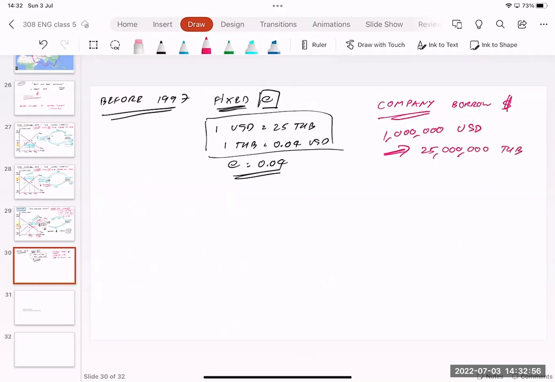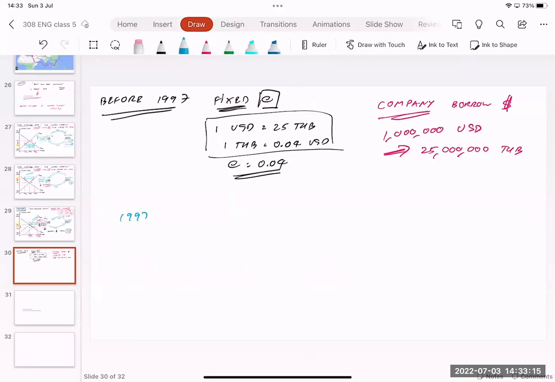And then, as I told you, during 1997 the money started to flow out from Thailand, and we fixed the currency. When the money flows out of Thailand, the national reserve becomes reduced.